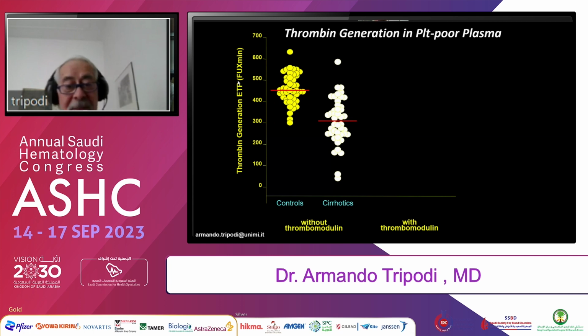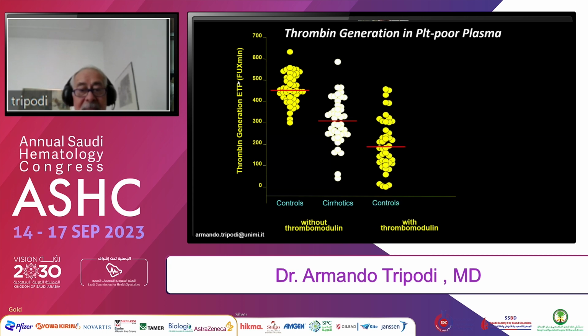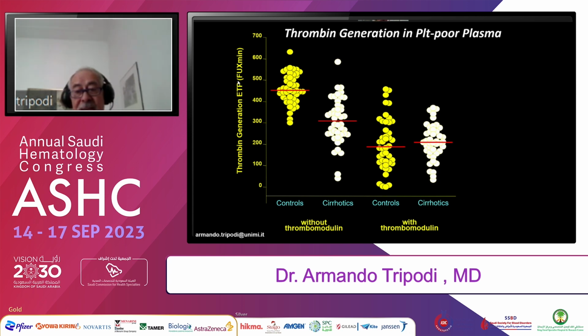And in fact, when we repeated this experiment by introducing soluble thrombomodulin in the system, as expected, the control population generated much less thrombin, because in the control population in this system, we activated protein C massively, and therefore thrombin generation was reduced. But even in cirrhotic patients, the thrombin generation was reduced to a much lesser extent, as you can see here, so that there was no longer a statistically significant difference between controls and cirrhotic patients.